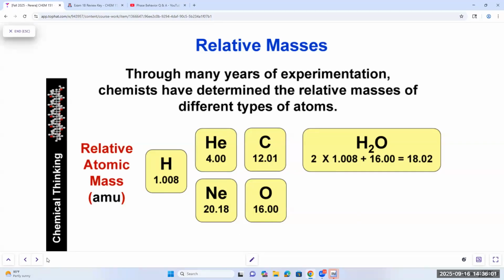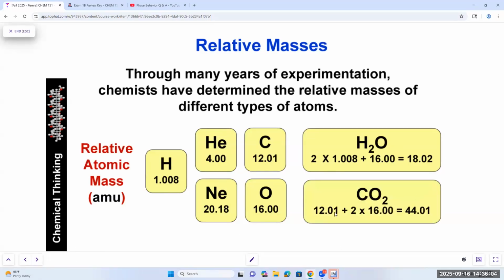Let's take another example, CO2. CO2 has carbon and 2 oxygens. The relative mass of carbon is 12. To that, we're going to add 2 times the relative mass of oxygen, which is 16. 2 times 16 is 32. 32 plus 12 is 44, and that's how we get the relative mass of carbon dioxide.